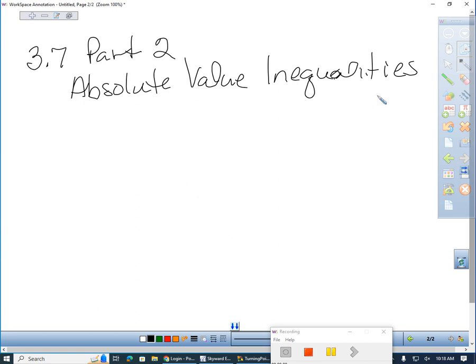Absolute value inequalities. So first we're going to start with the steps. Very similar to yesterday's. Step number 1, isolate the absolute value.